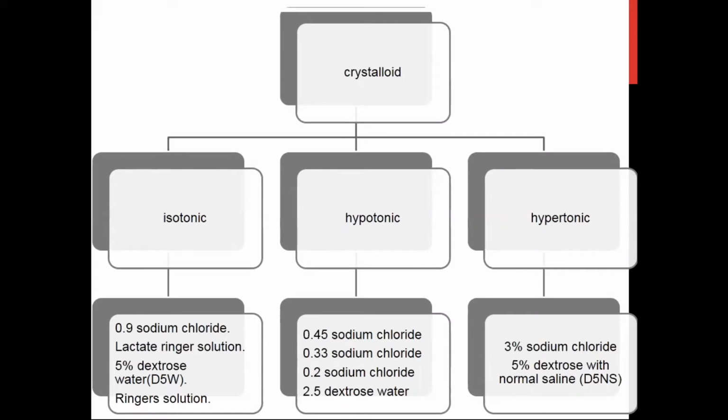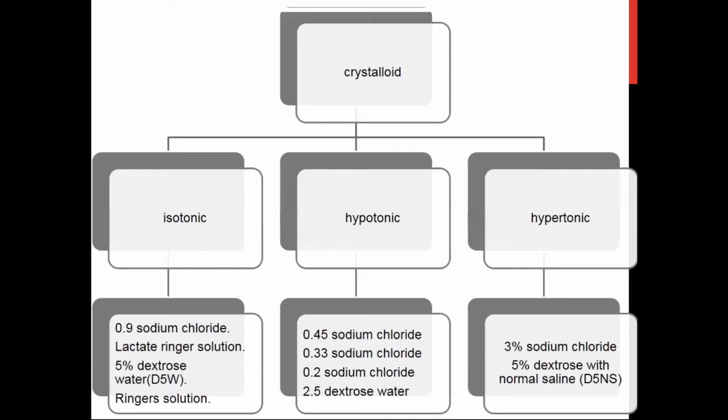For example of the isotonic, the famous one هو normal saline اللي هو 0.9 صوديوم كلورايد. تمام. Lactate ringer solution, another example of isotonic. 5% dextrose water and ringer solution.